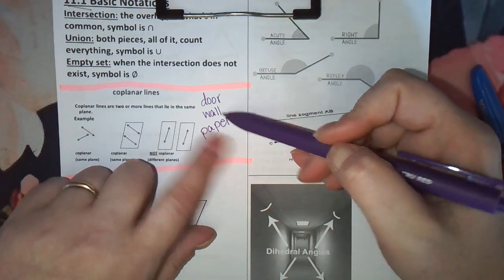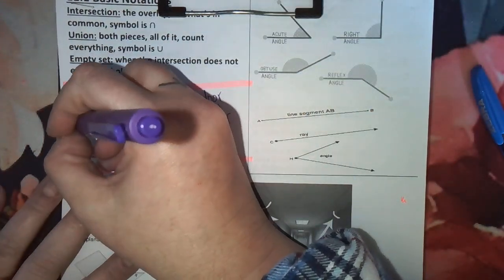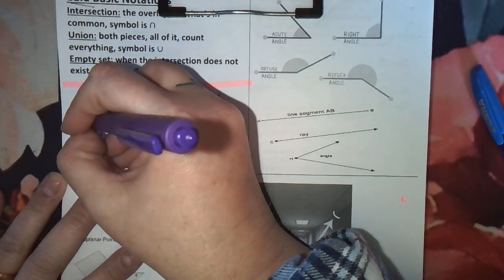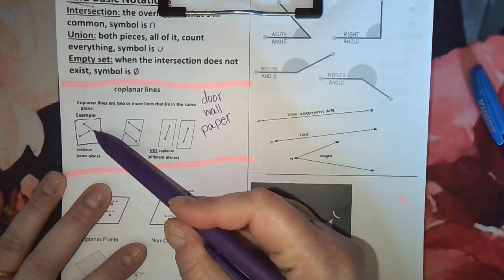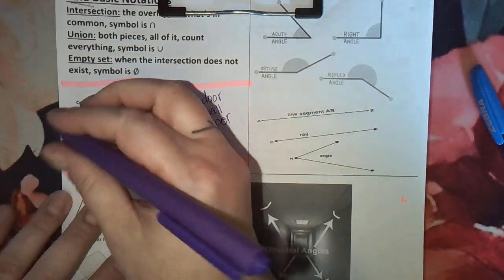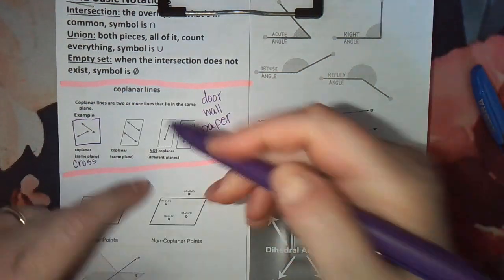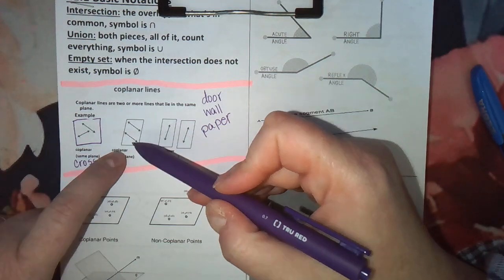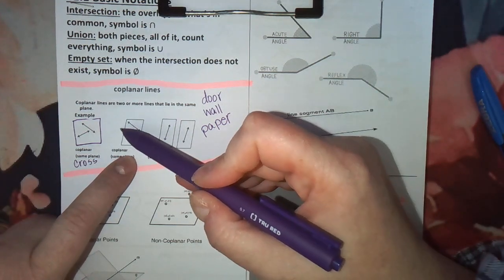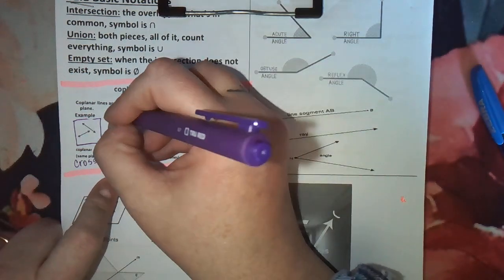Okay, and if two lines are on the same plane, and they're tilted, like this first example, they should cross, or they should touch each other at some point. If we have two lines on a piece of paper that look like they're parallel, they never touch.